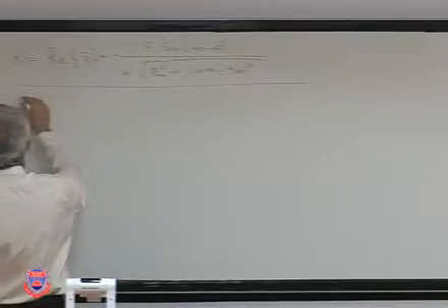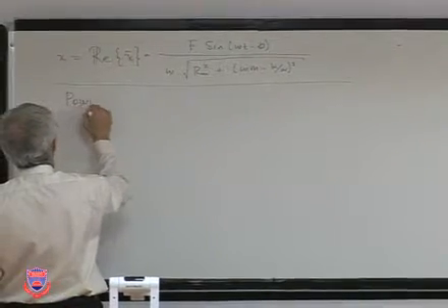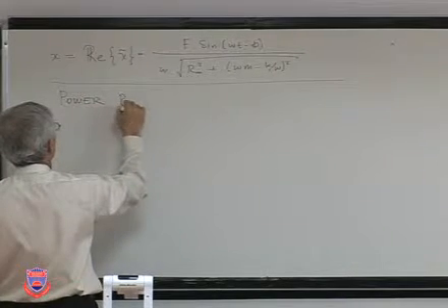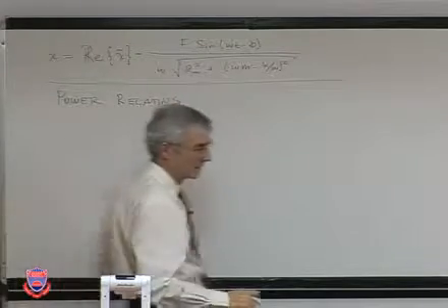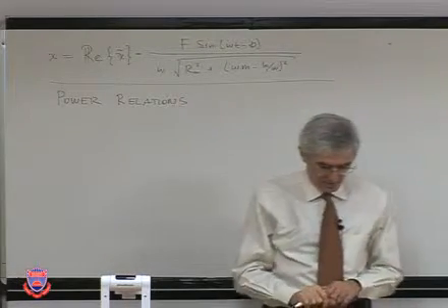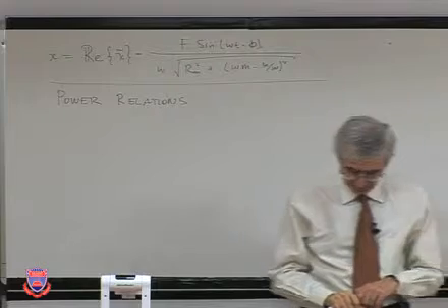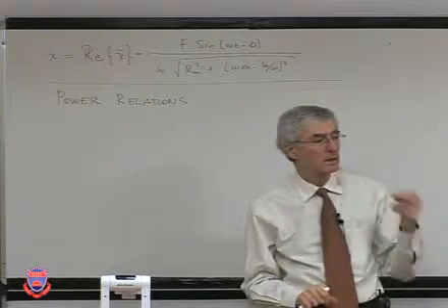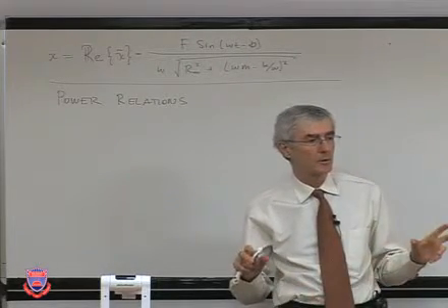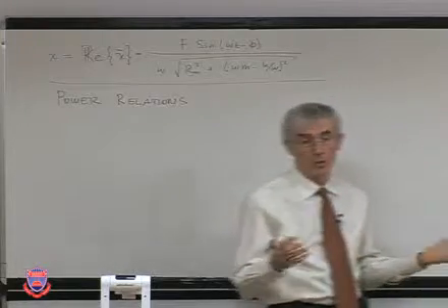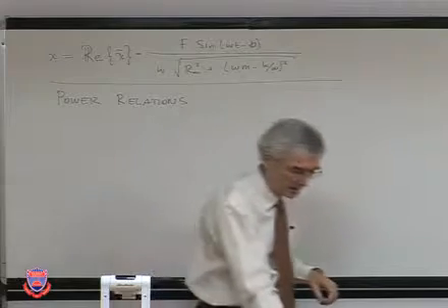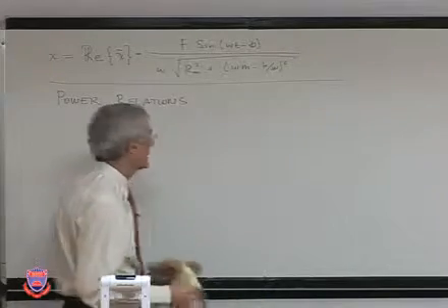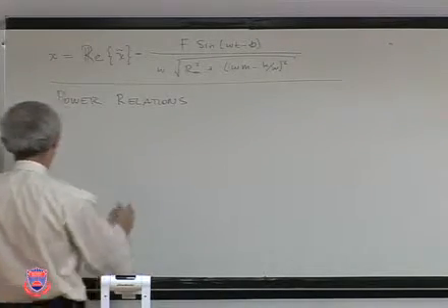The final topic of this portion is the power relations. The instantaneous power supplied to a system in watts, for example, in general is found as a product of the force and the velocity that it causes.